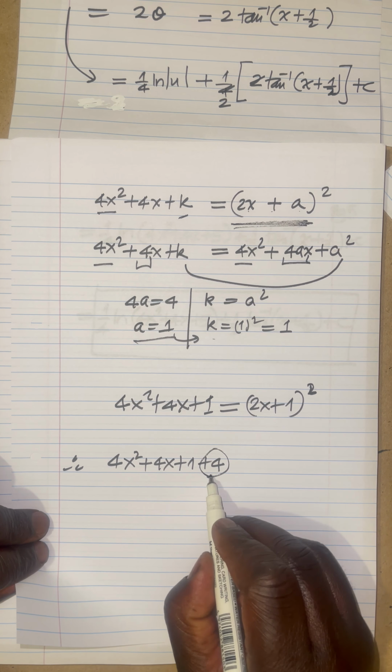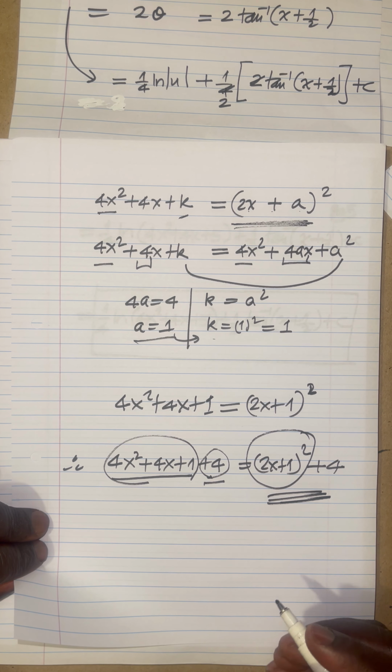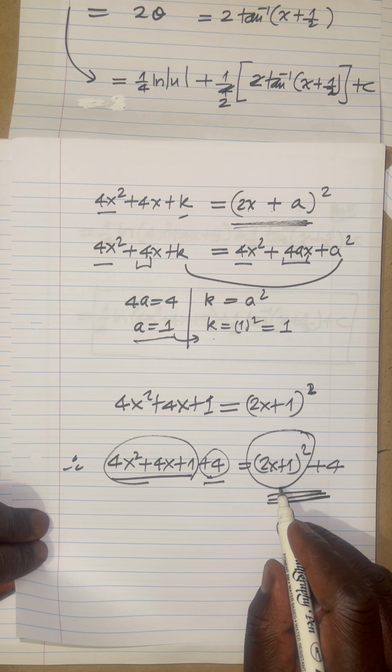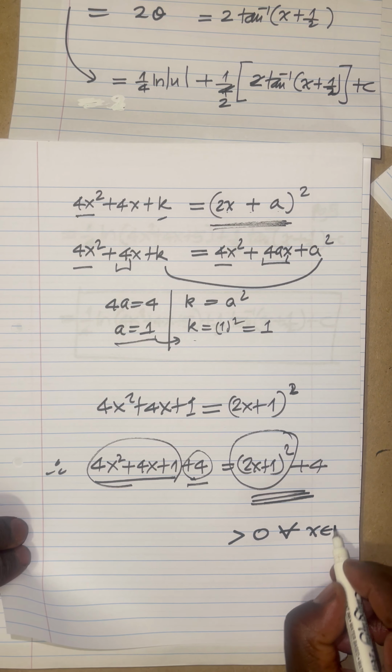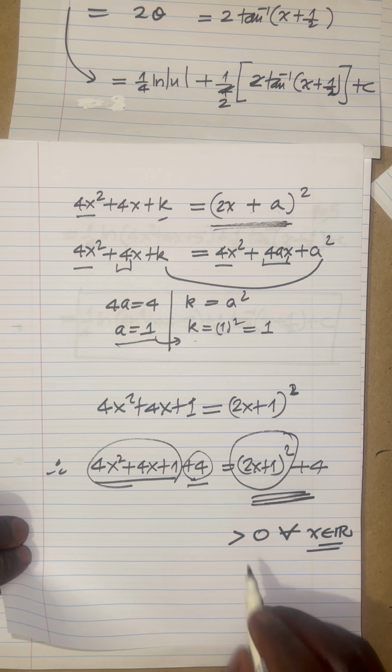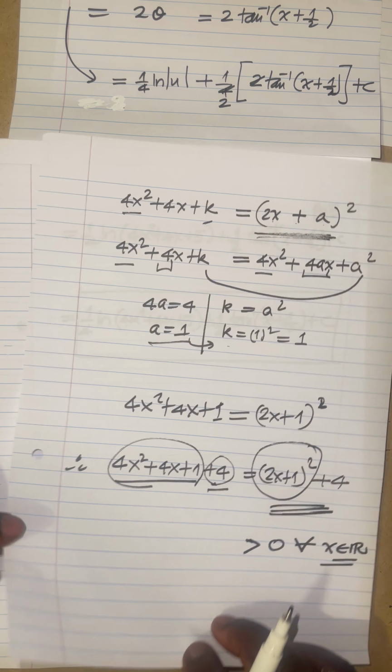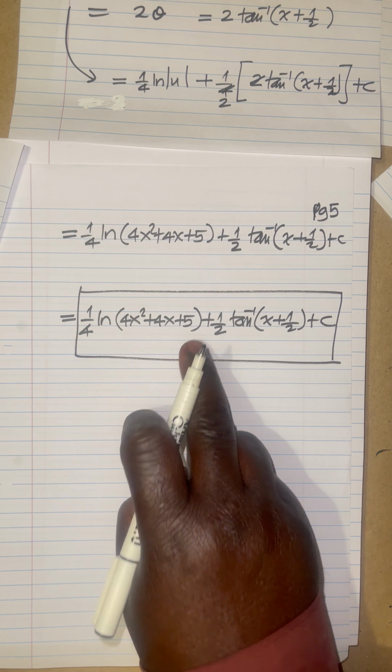Remember, this part here is that part there, but I'm adding a 4. And if you look at this expression, it can never be negative for whatever value of x you choose. To be very strict, we can say that it is absolutely greater than 0 for all real values of x. It's positive for all real values of x, and therefore no need for us to use absolute value signs there.